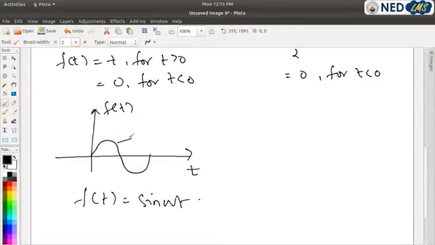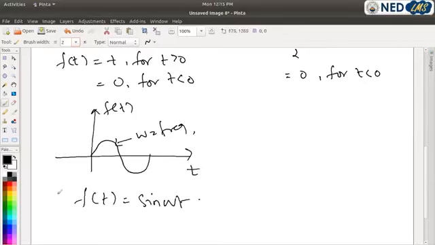Omega represents the frequency of the wave. Sinusoids are also used as test inputs. They are used to drive a mathematical model of the system. We will discuss it in the upcoming lectures.